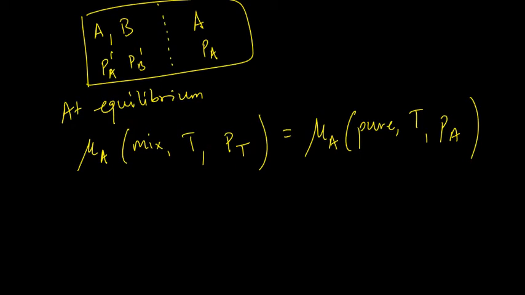So what I can then use is Dalton's law on the right hand side. The partial pressures on the left and the right should be equal. Only then it will be in equilibrium. So the partial pressure of A would be equal to the partial pressure of A prime at equilibrium. Individually, all of them should be equal, right?